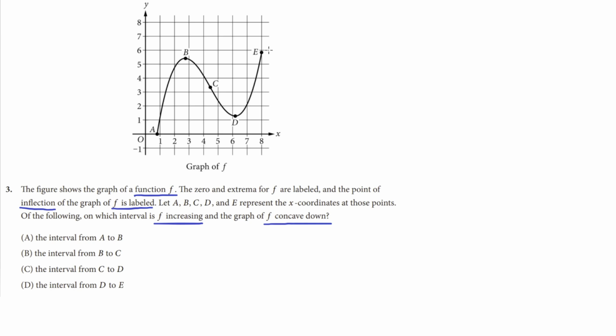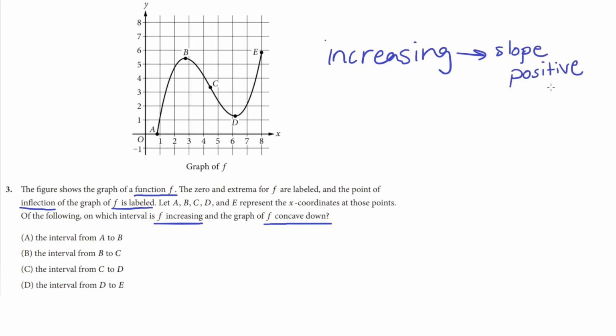So these are the points of inflection, 0 and extrema, and we need to find which portion of the graph is increasing, meaning that the slope is positive, and the portions of the graph that is also concave down, which means the second derivative is less than 0.